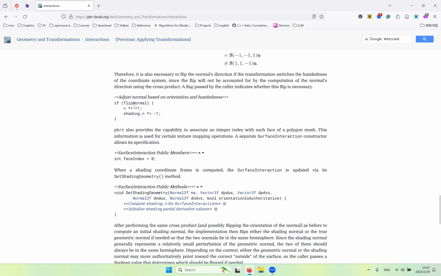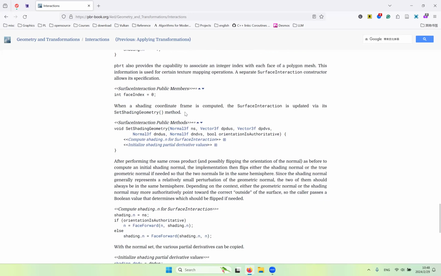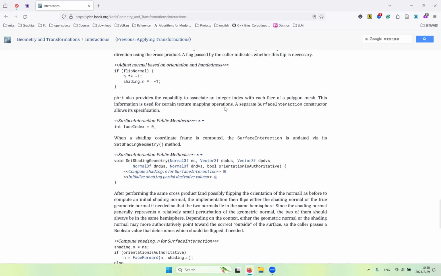PBRT has a mechanism to flip the normal. PBRT has an integer index for each face of a polygon mesh.